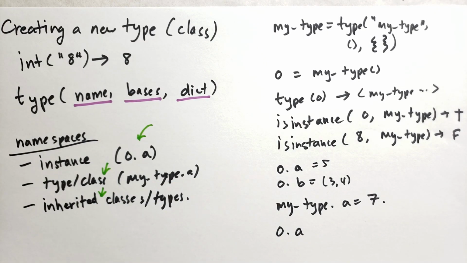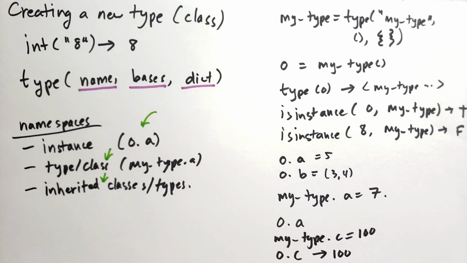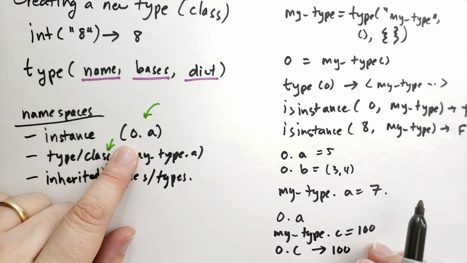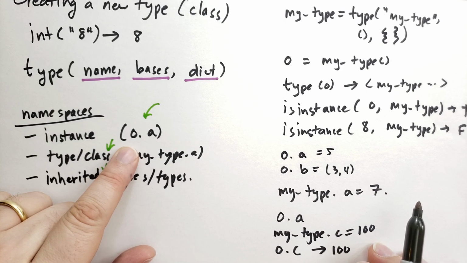Okay, so to give an example of what I mean by this. Let's say we had my type.c is equal to 100. And then if I said, what is o.c, that's going to give me 100. Why did it give me 100? Because it looked first at the instance. It saw that there was no c defined in the instance's namespace or the instance's attributes.